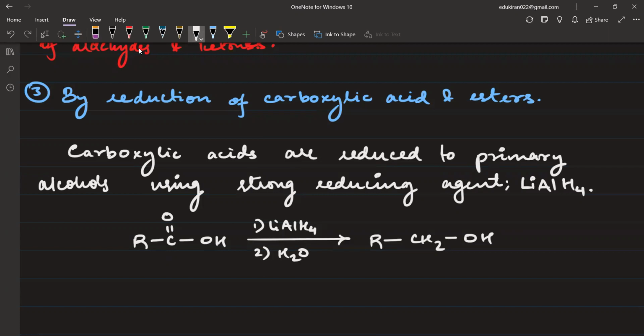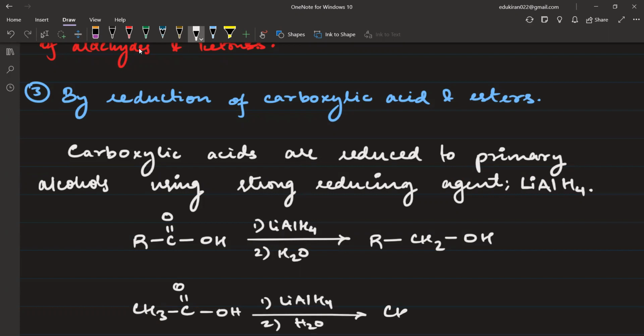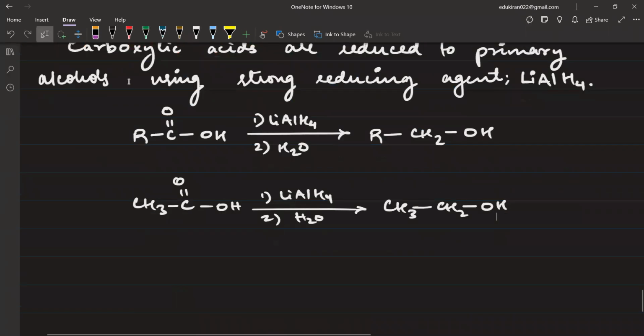Some more examples. As simple as that. COOH gets converted to CH2OH.